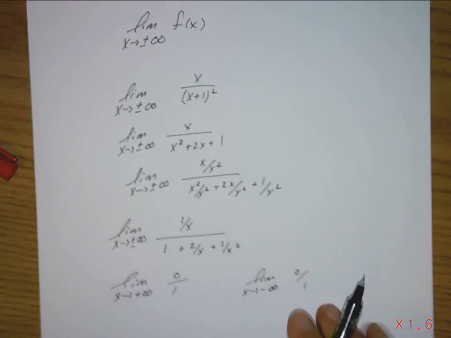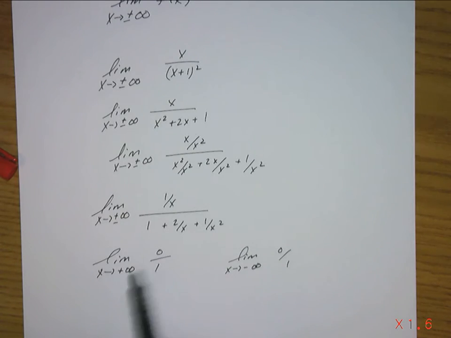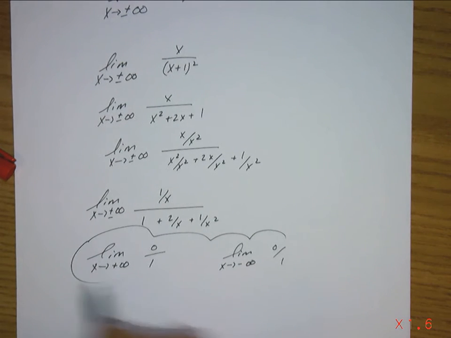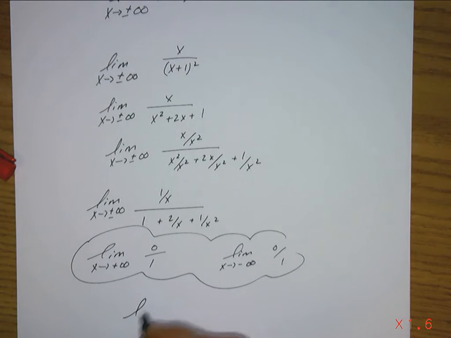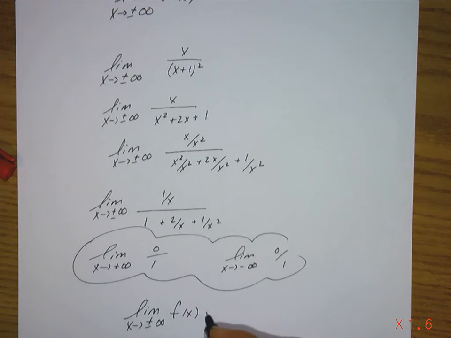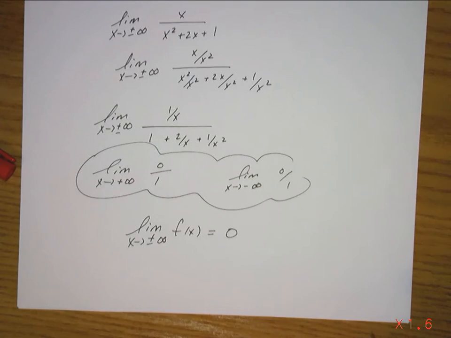Now my notation's really bad here because I've taken the limit and I've still written it, but I will just pretend for now. And so what that means is we have the limit as x approaches plus or minus infinity of f of x equals 0. That means you have a horizontal asymptote. And you have a horizontal asymptote at both extremes.